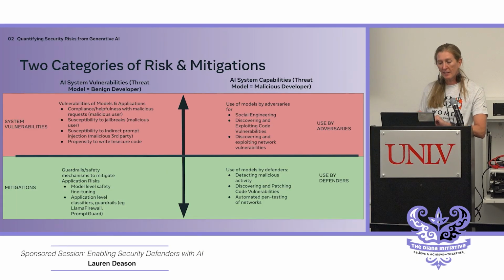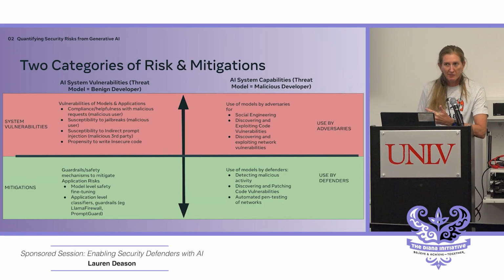For everything on the left-hand side, when we think about how to mitigate these types of risks, it boils down to a strategy of either trying to modify the base model itself to do a better job of dealing with those, or applying guardrails on top of the model at the application layer.